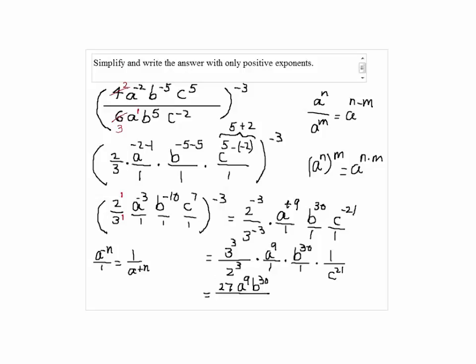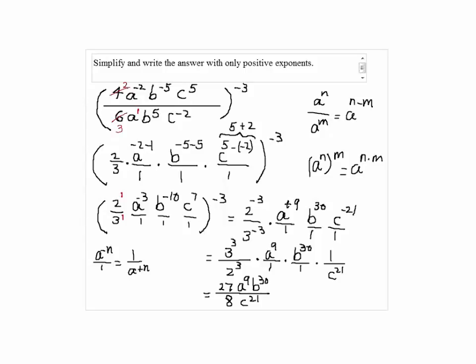So 3 to the power of 3 is 27, a to the power of 9, b to the power of 30, over 2 to the power of 3, which is 8, times c to the power of 21. And all the exponents are positive now.